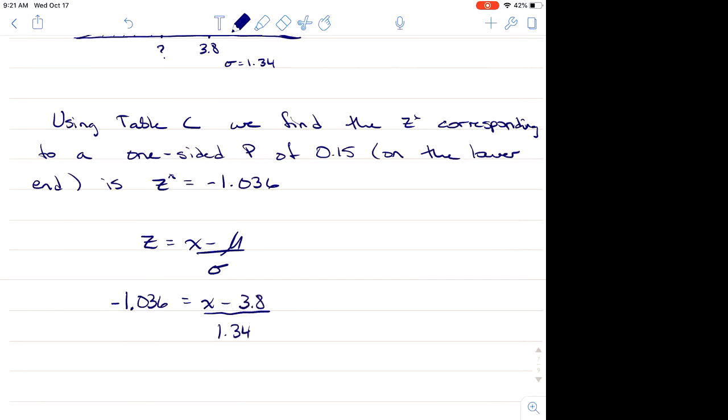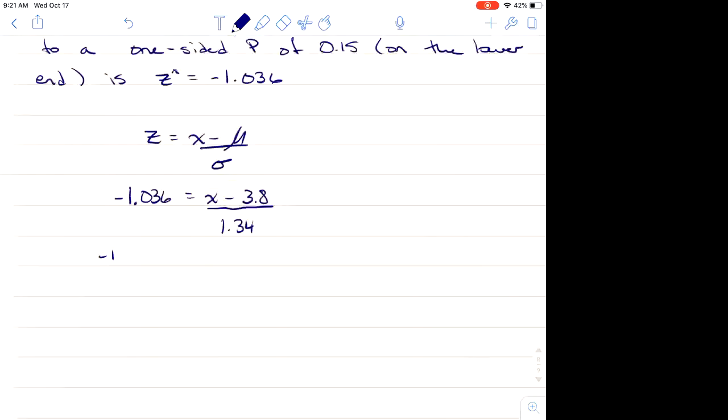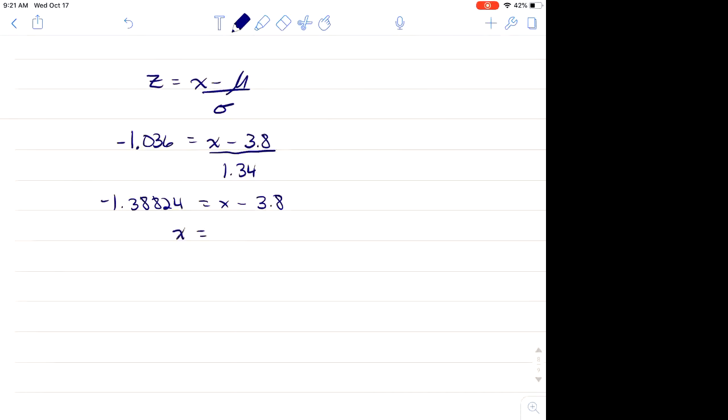Negative 1.036 times 1.34, negative 1.38824 is X minus 3.8. Add 3.8 to both sides. I get X is 2.41176.